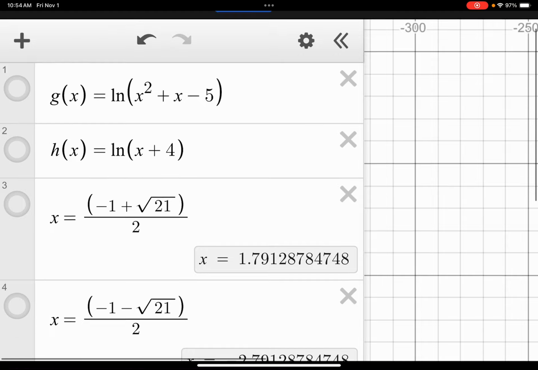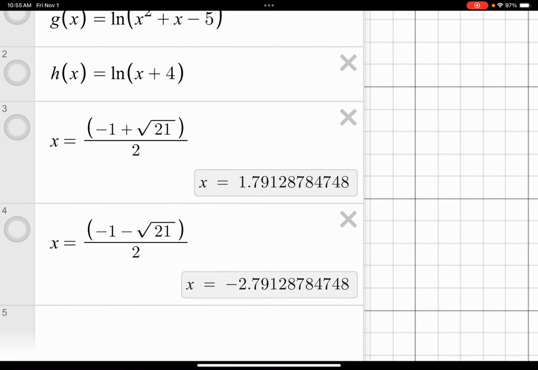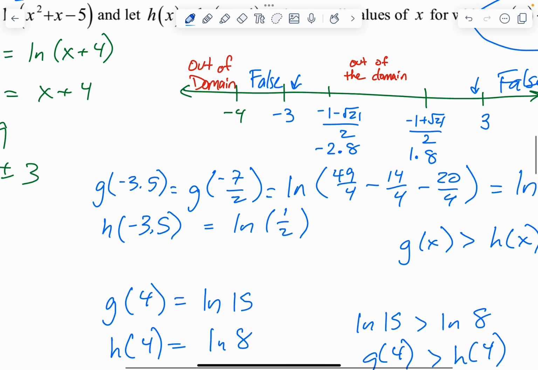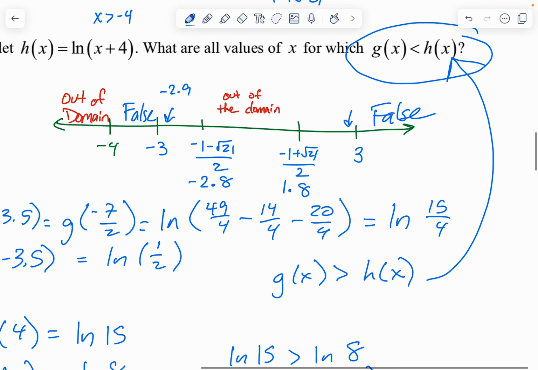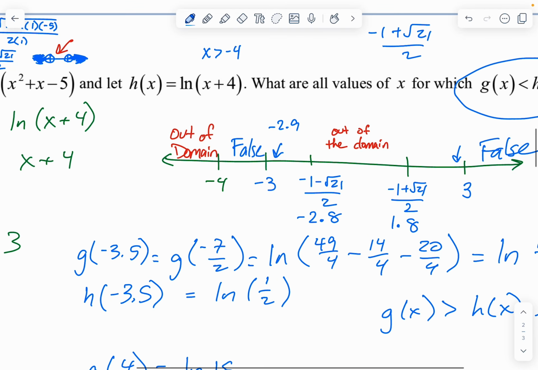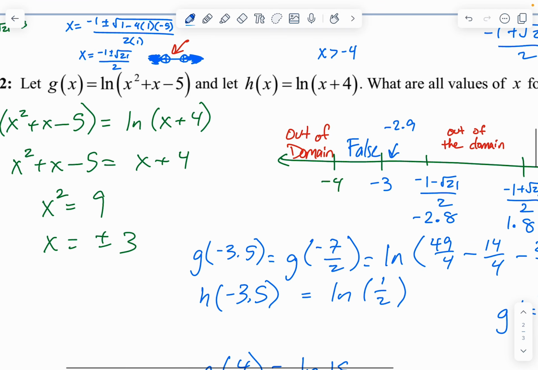That's ridiculous. 1.8 and then a negative 2.8. So if this is a negative 2.8, then a negative 2.9 does work for us, but it's a little tricky. And then a positive 2 would have been another nicer value to use. So by hand, we can plug in G of 2 and H of 2.